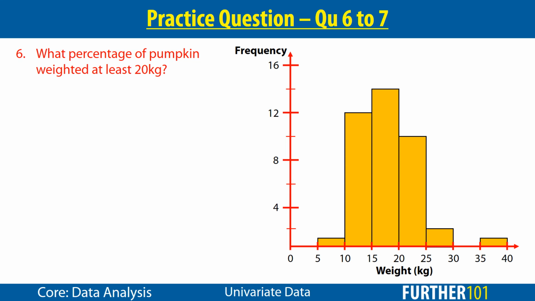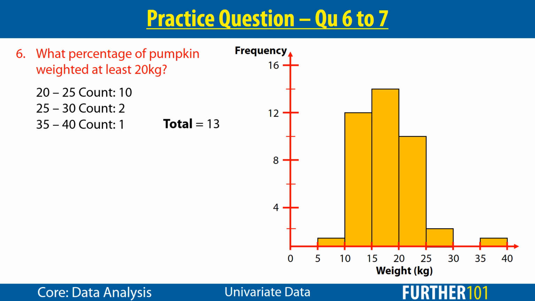Question 6 says, what percentage of pumpkins were weighed at least 20 kilograms? Well, the first thing we need to do is take account of all of the categories above 20 kilograms. So we had 10 in that 20 to 25 kilogram range. We had 2 between the 25 to 30 kilogram range, and 1 in the 35 to 40 kilogram range.